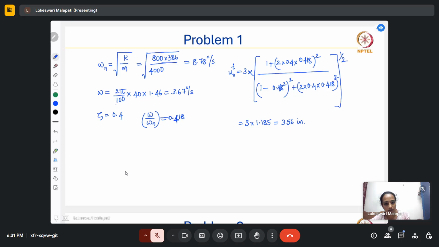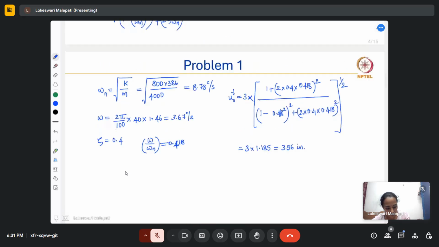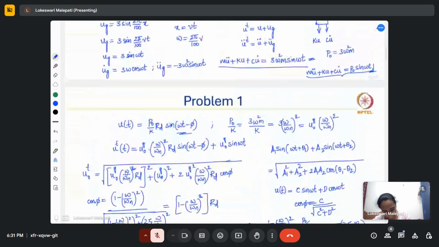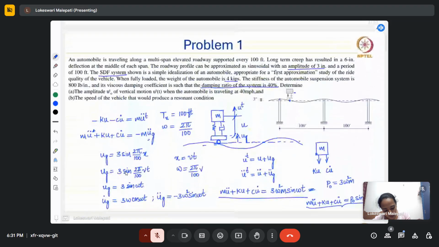Okay, let's move to the second part of the question if you don't have any doubts. The speed of the vehicle that would produce a resonant condition for the total displacement.